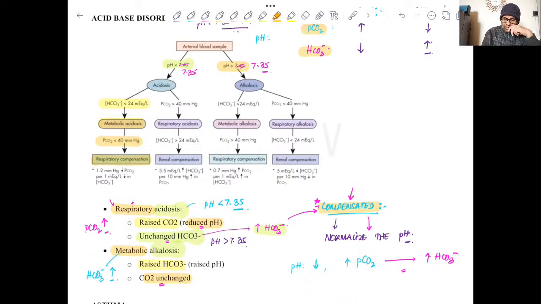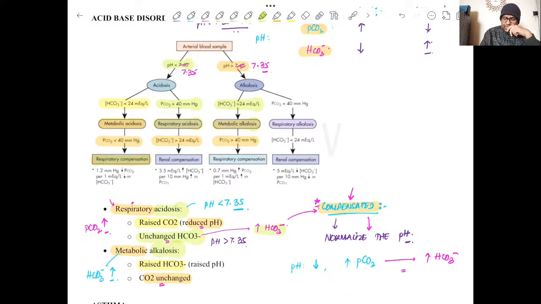Similarly, in respiratory acidosis, where pH will be less and PCO2 will be high, the body will increase the bicarbonate. Similarly, in metabolic alkalosis, pH has gone up because of increased bicarbonate, so the body will increase the CO2 level to compensate for that.